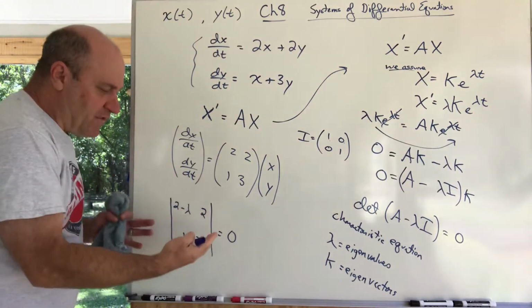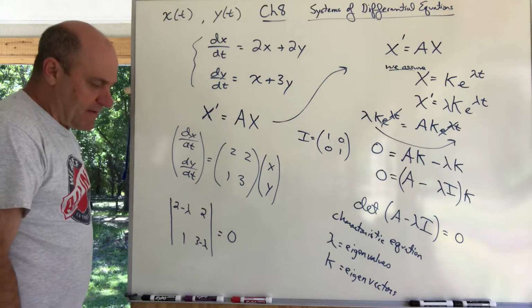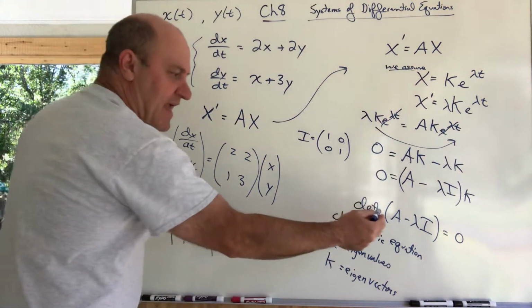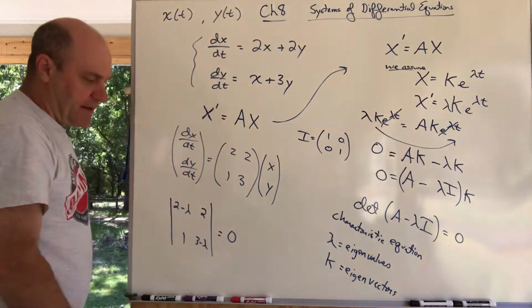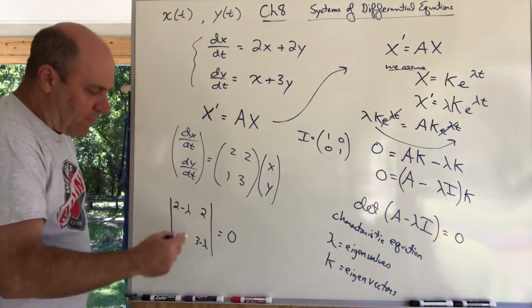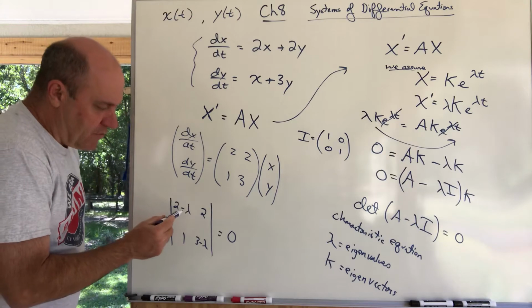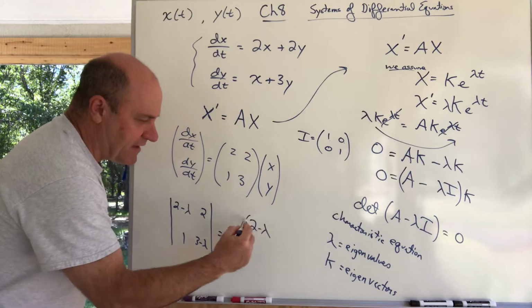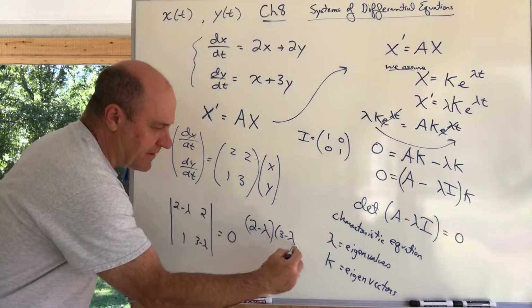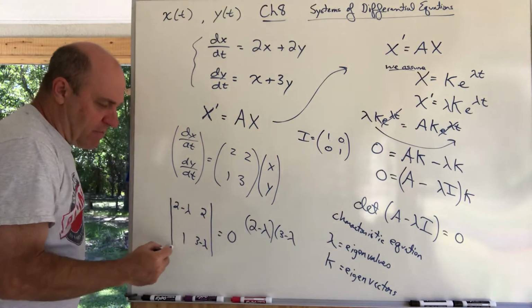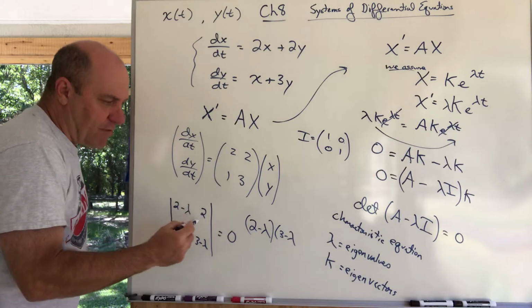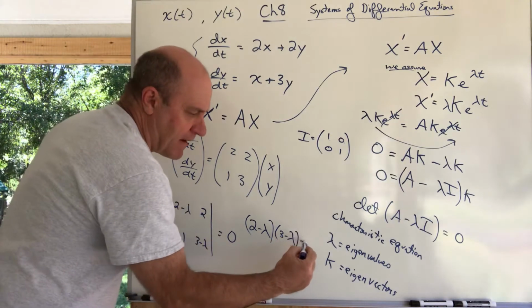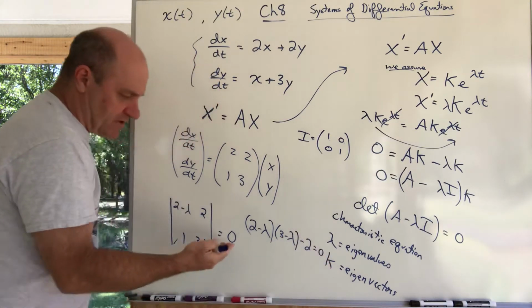So now I do this determinant, my A minus lambda I determinant. And you know how to do a determinant. You multiply that diagonal: 2 minus lambda times 3 minus lambda, minus this multiplication, minus a 2, equals 0. We set it equal to 0.